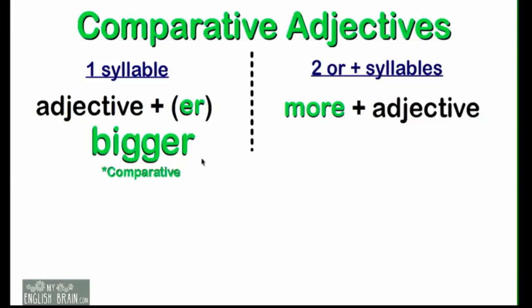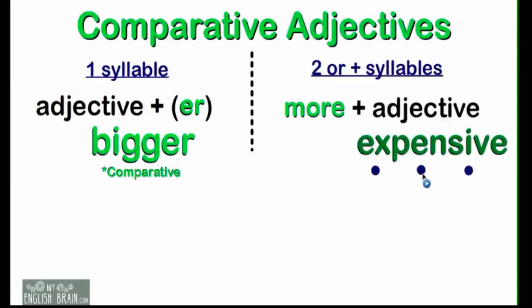But when we have two or more syllables, for example, expensive, we have three syllables. So we use the word more to make the adjective a comparative adjective, and the comparison is more expensive.